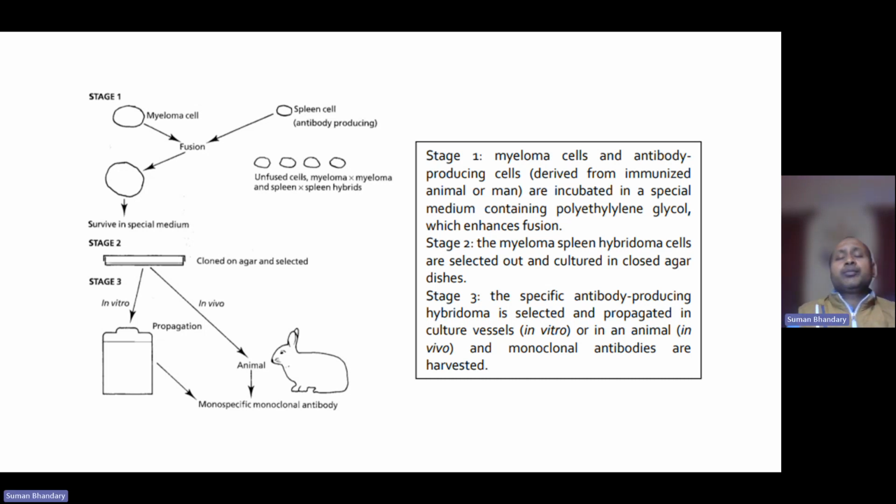Means both we are propagating this in vitro and in vivo, and also we are preparing monospecific monoclonal antibody. And this monoclonal antibody can be harvested. So in this way, by using this technique, you can prepare monoclonal antibodies.